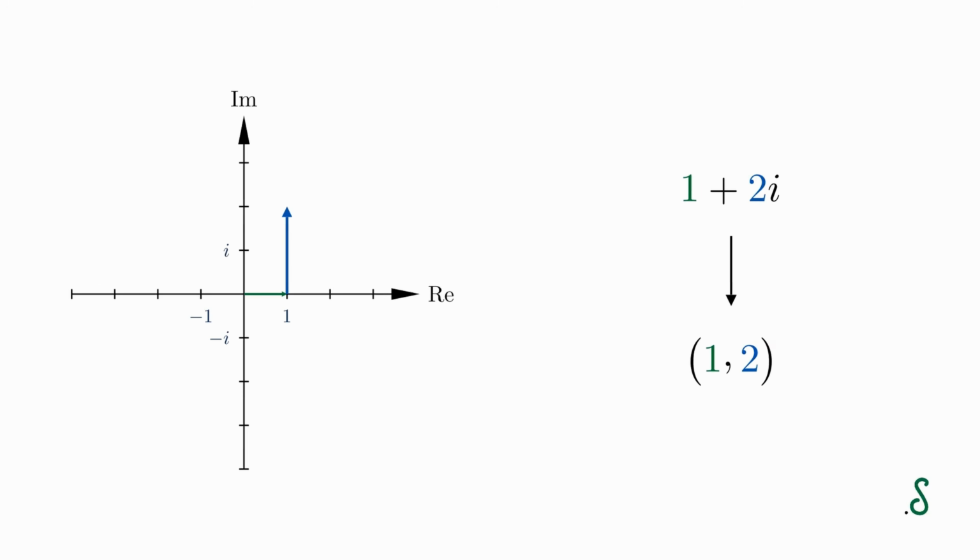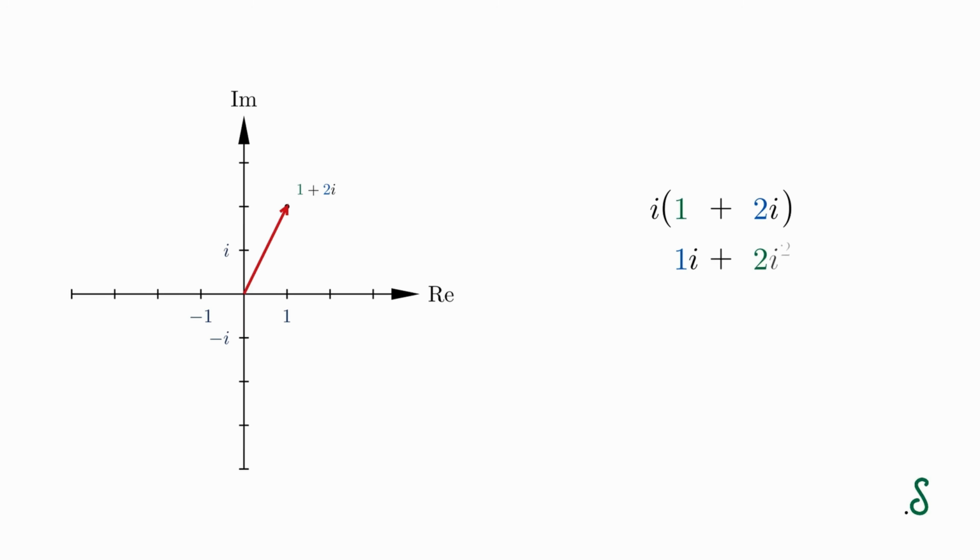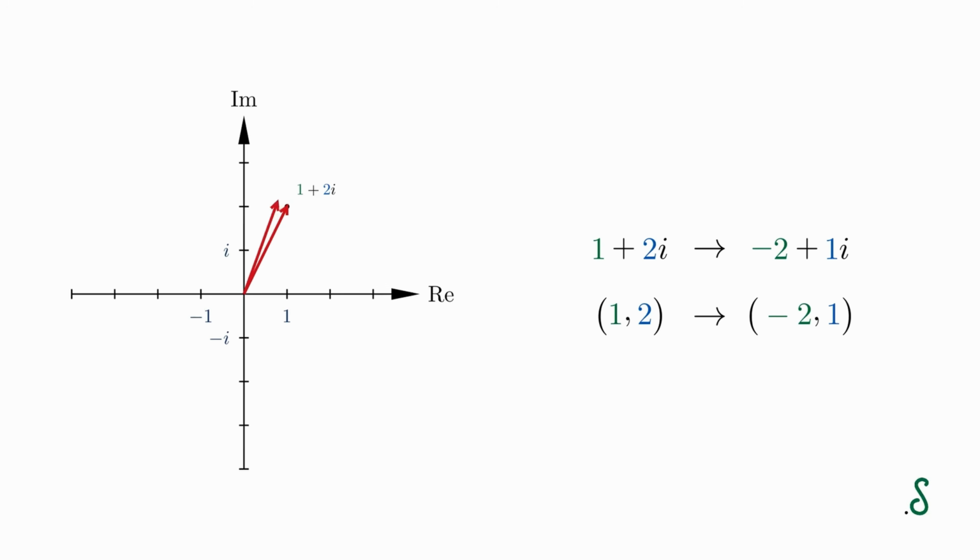Take 1 plus 2i. So we can visualize the vector like this using the coordinate (1, 2). Multiplying it by i, we get i times (1 plus 2i), which equals i plus 2i squared, which simplifies to -2 plus i. So the coordinate (1, 2) goes to (-2, 1). Again, that's exactly a 90-degree rotation.